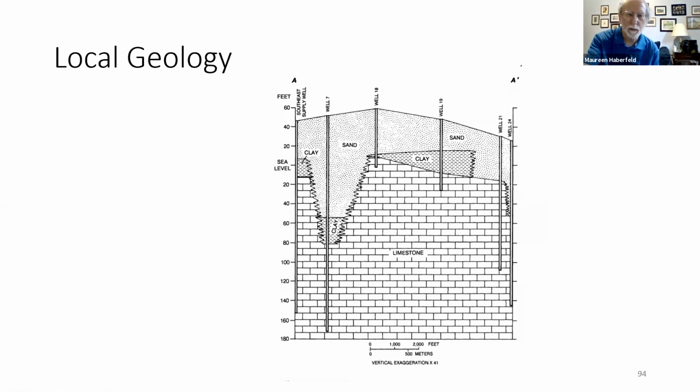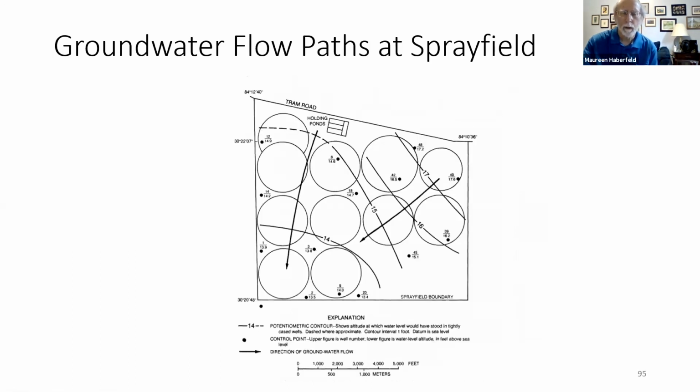And the spray field site is located about 7 miles north of Wakulla Springs and other springs. Groundwater flows. We know that it flows generally to the south. If you look at these arrows, one here and one here, they're flowing to the south. This is the spray field.